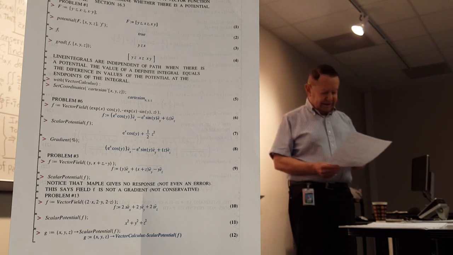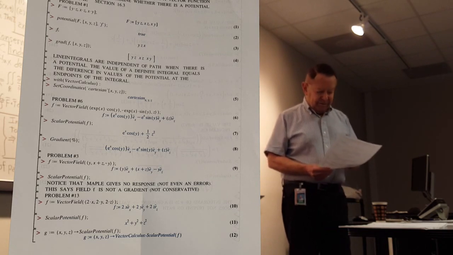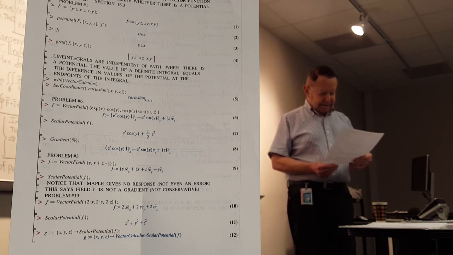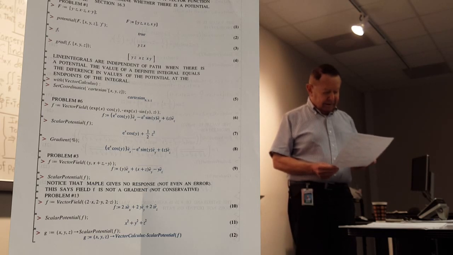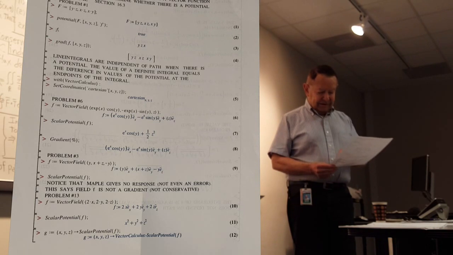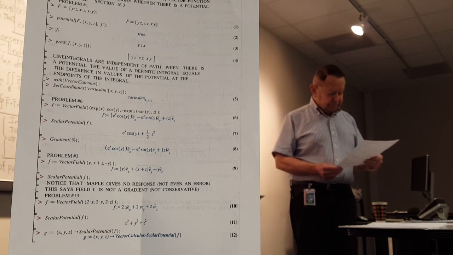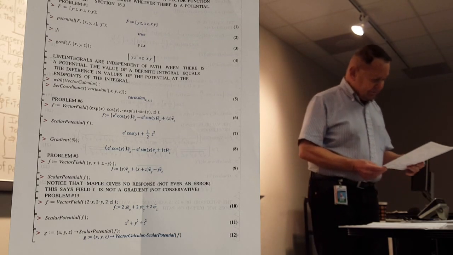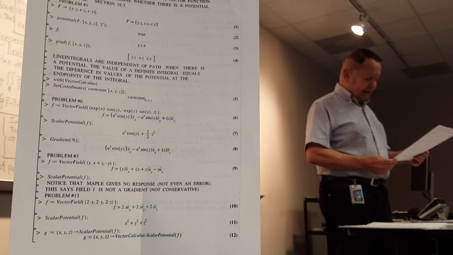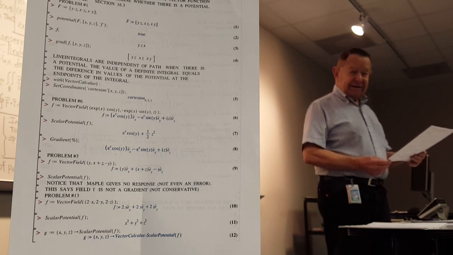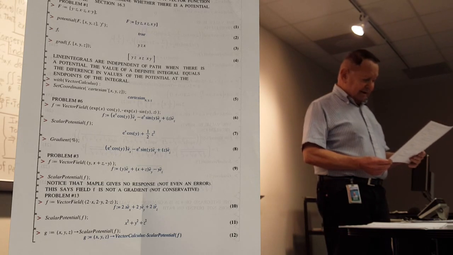And then I've done that same sort of thing with problem 3. With problem 3, your field is line 9, and I ask for the scalar potential of line 9, and it doesn't give me an answer, it just gives back what I typed.